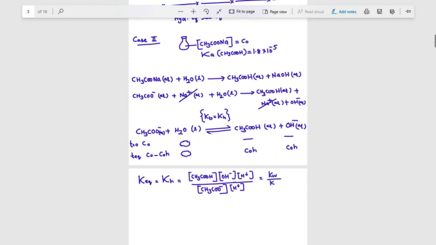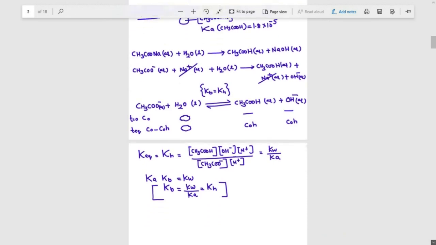So acetate ion concentration times H plus ion concentration divided by the concentration of acetic acid will be Ka, right? Now we have done the conjugate acid base concept, that Ka into Kb is equal to Kw. So Kb is equal to Kw upon Ka. I can write Kb or I can write Kh, both are the same.